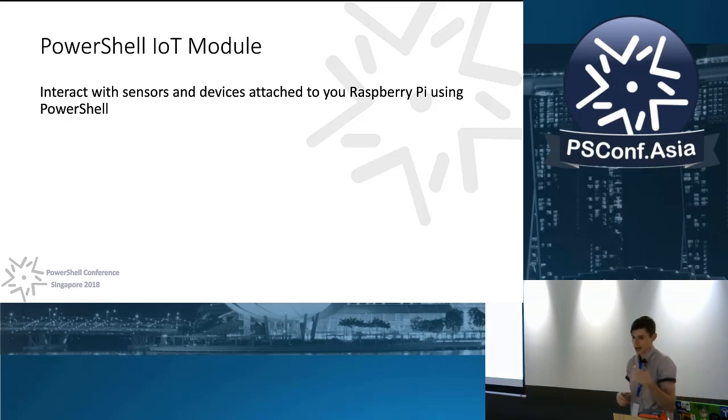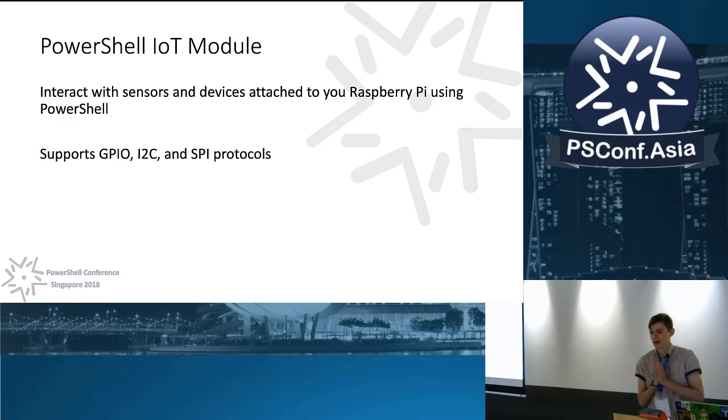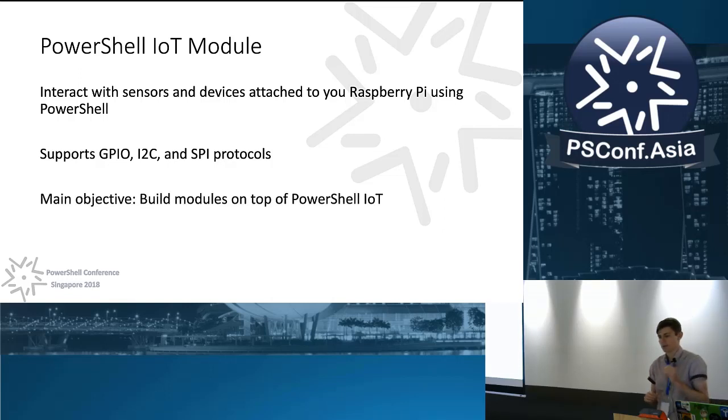Today we're going to look at specifically GPIO, which is the simplest one, and this touch sensor that I have in the demo. The main objective of the PowerShell IoT module is not necessarily for people to go out and just use the one module to rule them all, but it's really a framework for writing modules on top of it.